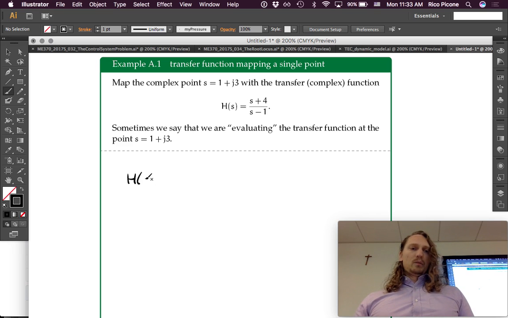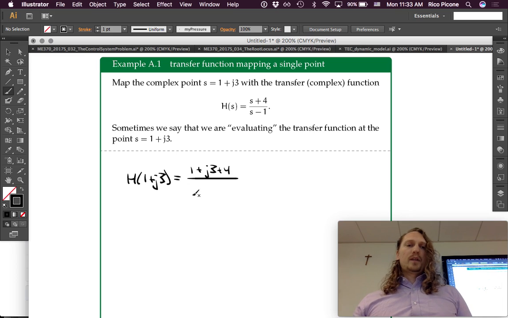Just plug 1 plus j3 in wherever we see an s. 1 plus j3 plus 4. 1 plus j3 minus 1.